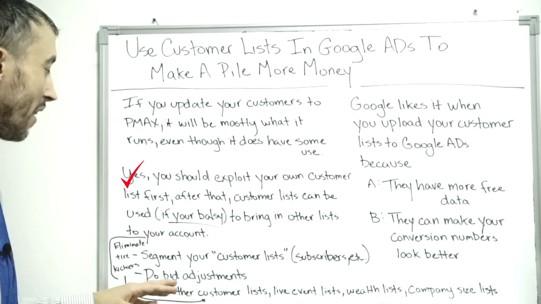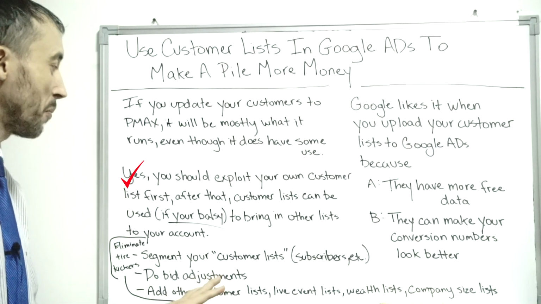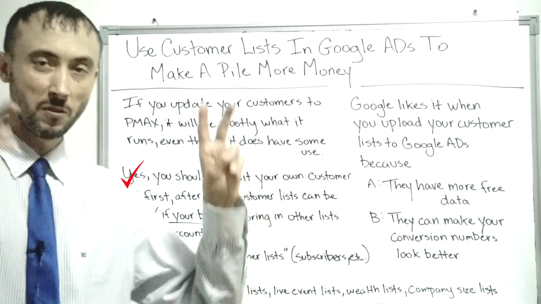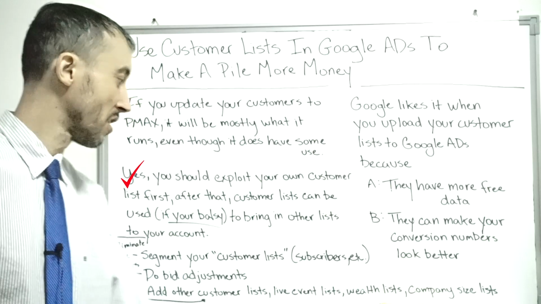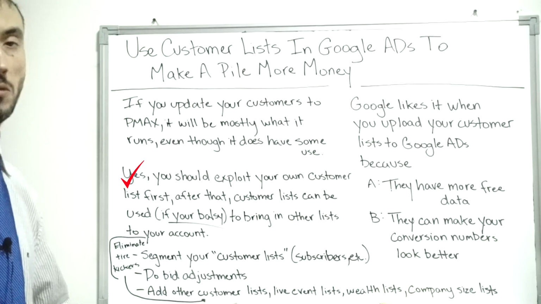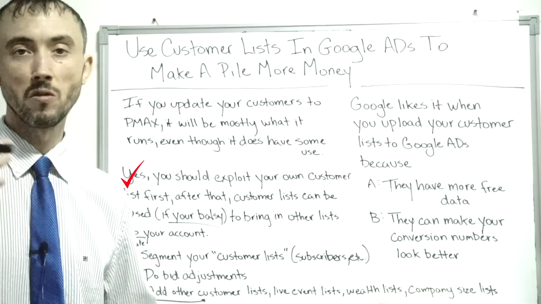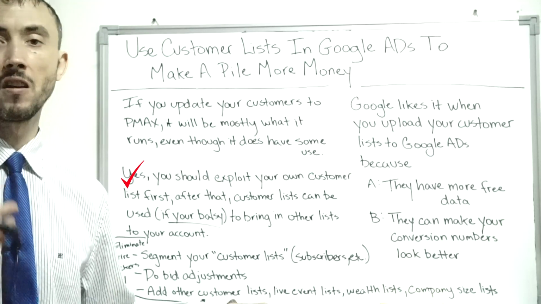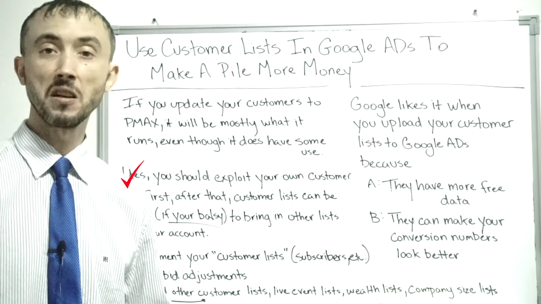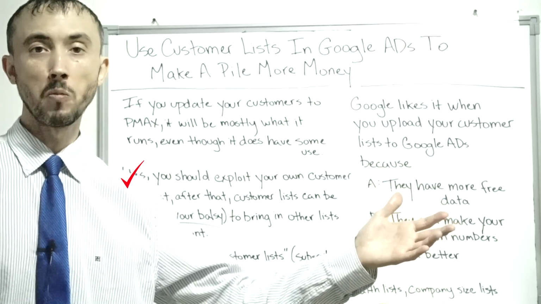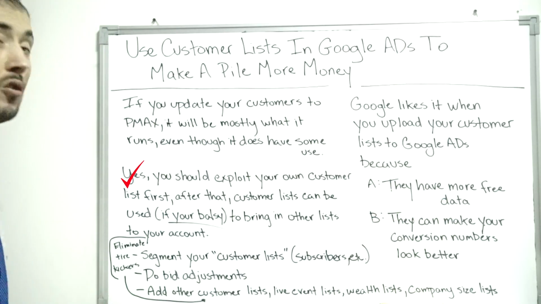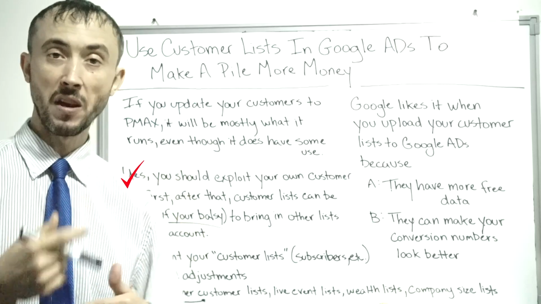To give you some examples of how people are using the customer list feature to upload email lists or phone number lists that aren't theirs, they upload customer lists of other competitors, direct competitors, indirect competitors, or totally irrelevant companies where you know that if they bought that product, they're 5 times more likely to buy your product, to then power other campaigns that you're running.